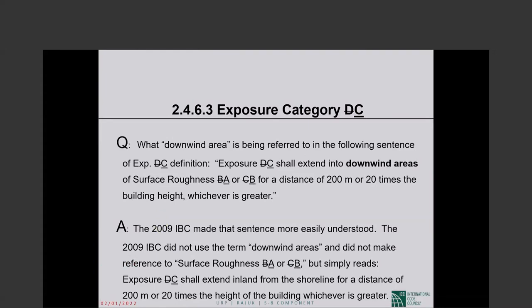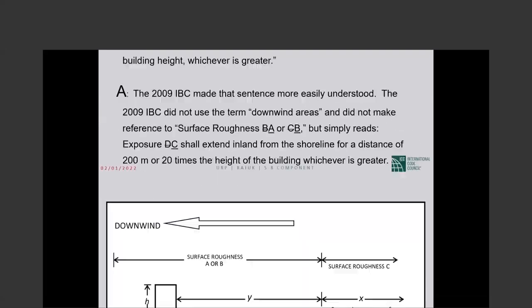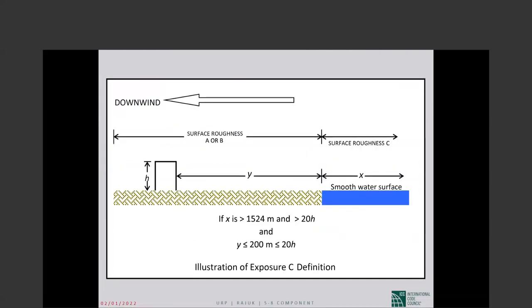The 2009 IBC did not use the term downwind areas and did not make reference to surface roughness A or B, but simply reads: exposure C shall extend inland from the shoreline for a distance of 200 meters or 20 times the height of the building, whichever is greater. And this we have shown in a picture.